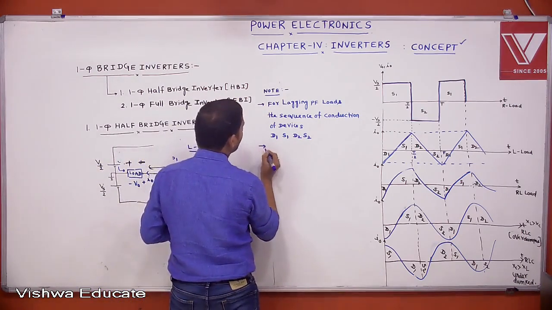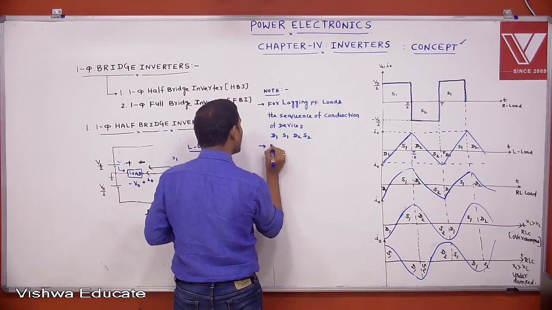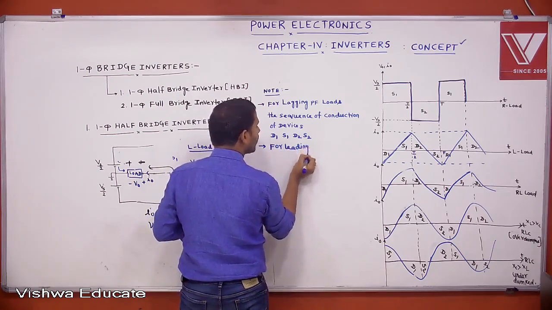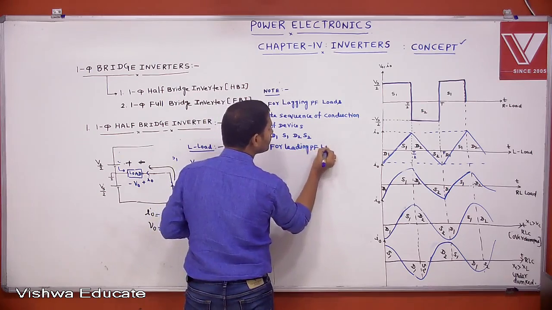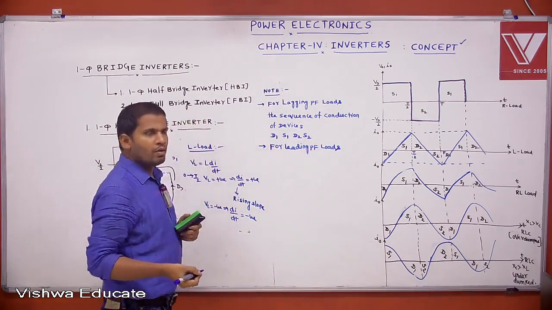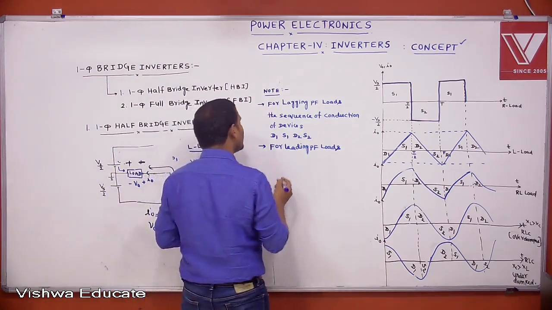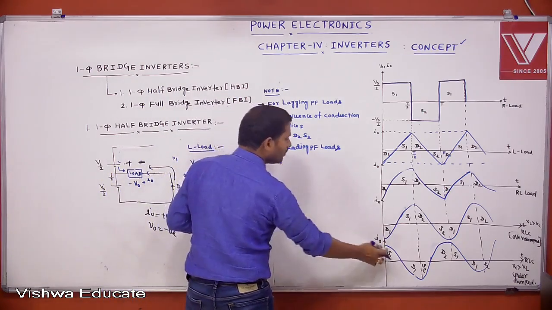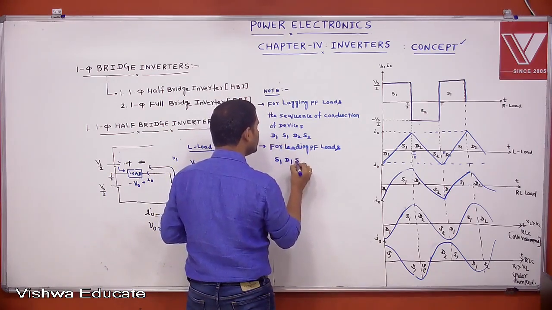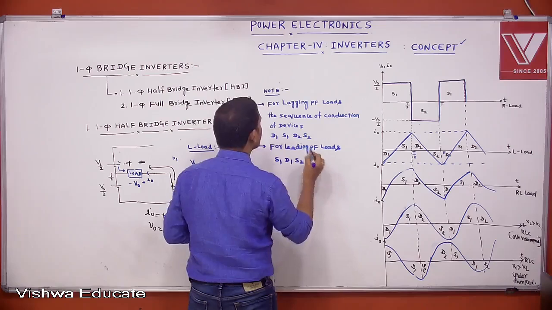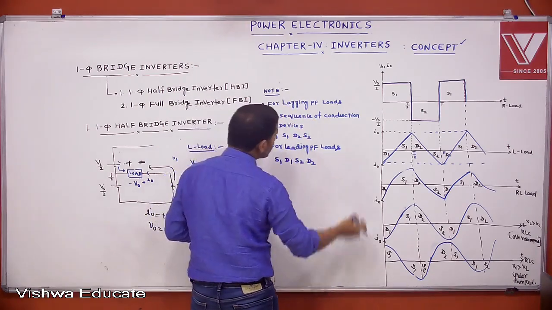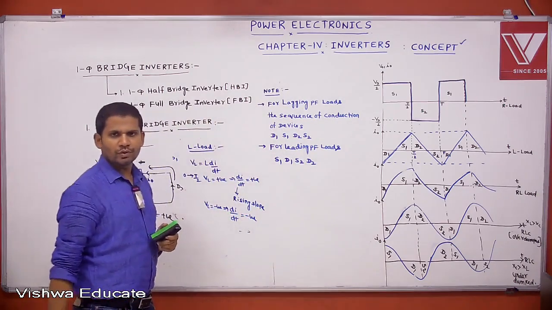For all leading power factor loads, the sequence is S1, D1, S2, D2: first switch, next diode. These two points you remember.